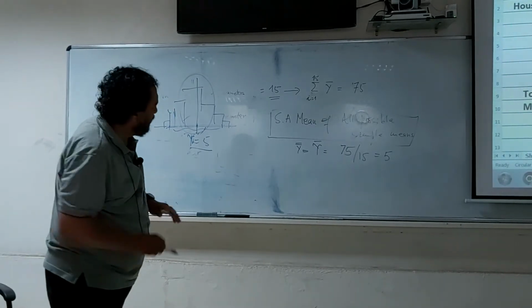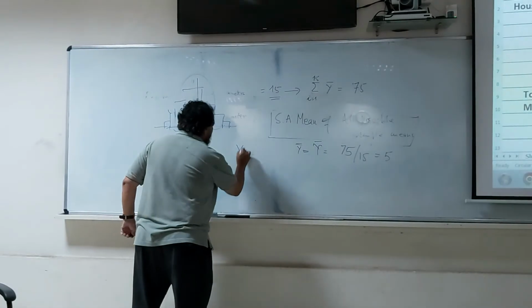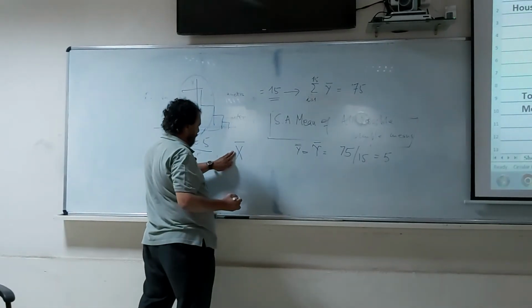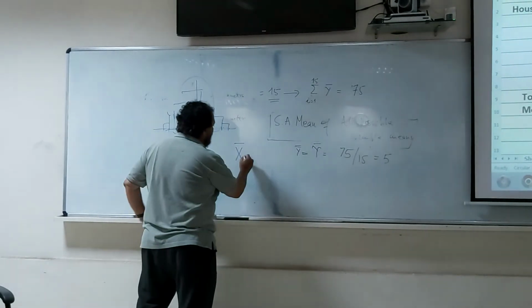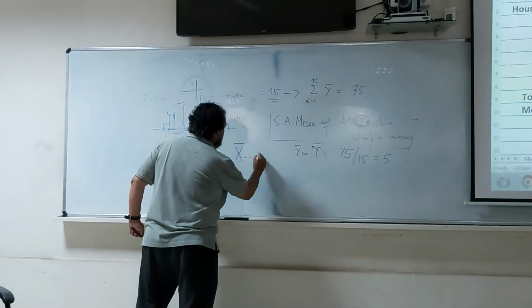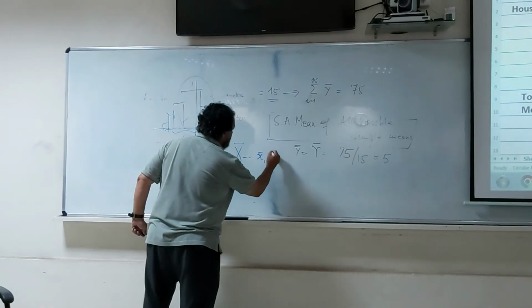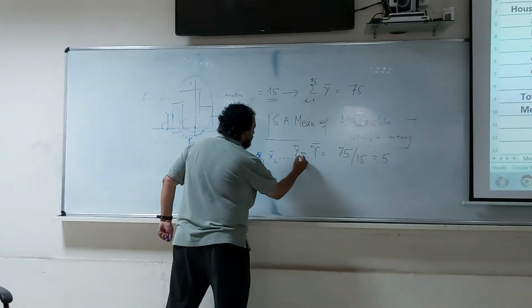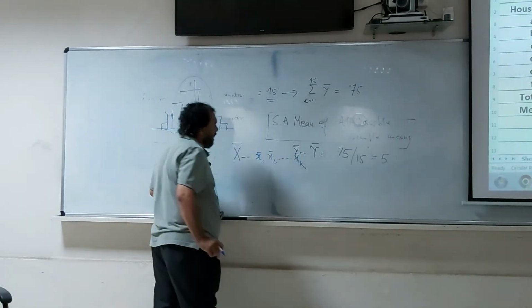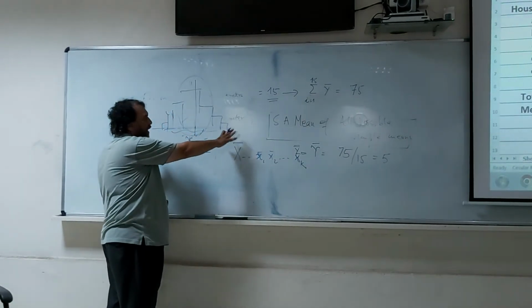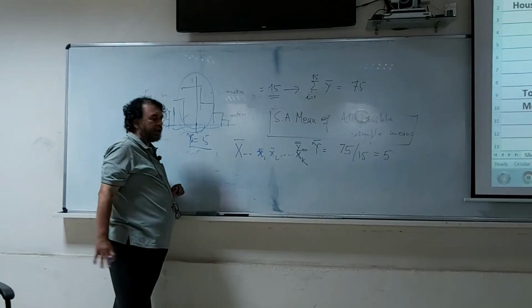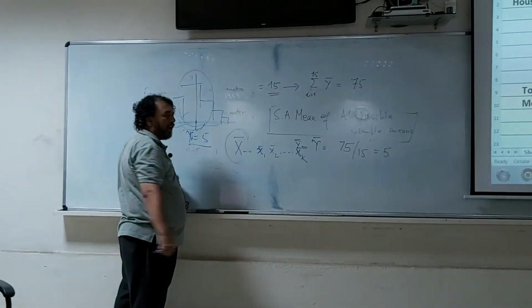Suppose I know x bar, which is a population mean, in our case it is y bar, capital Y bar, and there are several x bars, that means small x bar, x1 bar, x2 bar, and so on. Suppose I have got k such samples. These samples, in the sense of a histogram, in terms of the spread and frequency of their occurrence, will always be distributed around this.